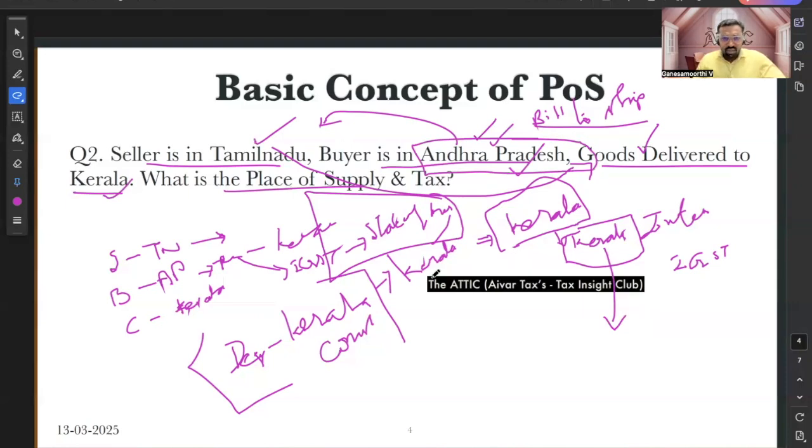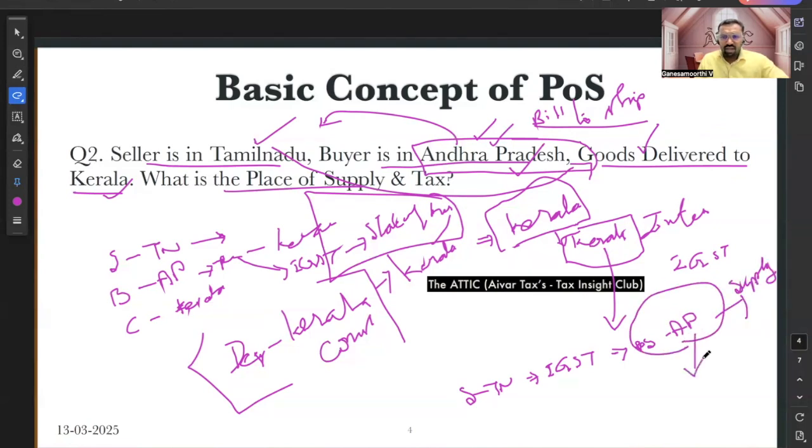Am I right? So this is the reason the seller in Tamil Nadu has to issue the invoice as IGST. The place of supply is Andhra Pradesh because AP should get the revenue.